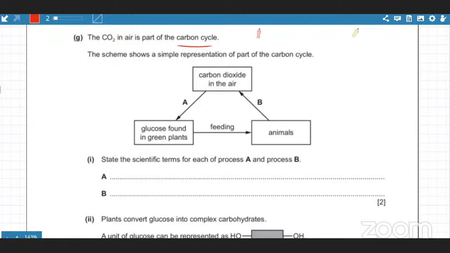Carbon dioxide is getting converted into glucose, that's C6H12O6. What is that process? I'm just going to solve most of the question over here. It's photosynthesis.